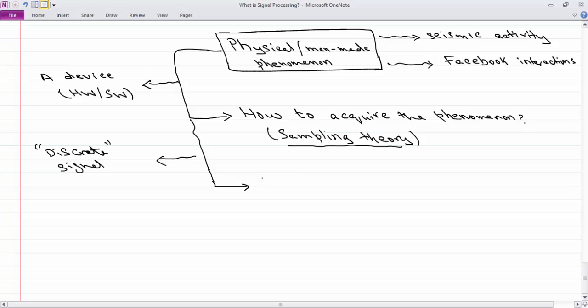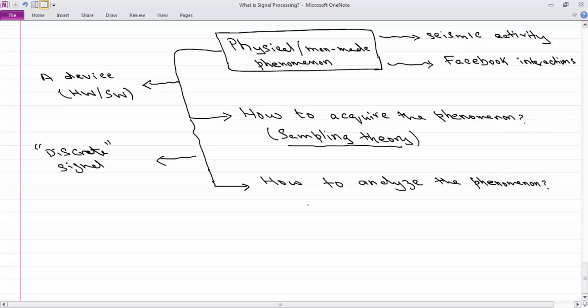And then you ask, now that I have the sampled signal, how should I analyze? So the first part is measurement or acquisition. The second part is analysis. How do I analyze the phenomenon? And that's where algorithms come into play.